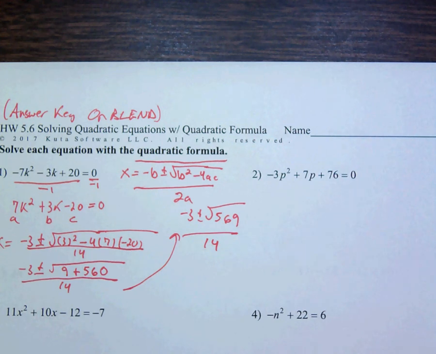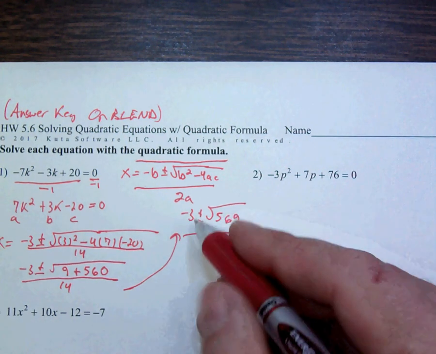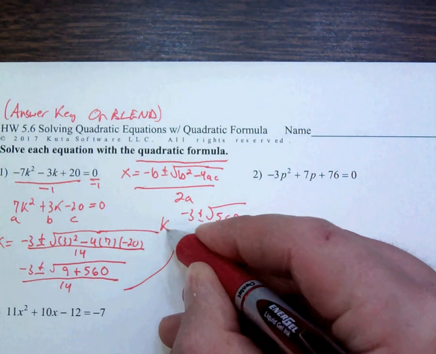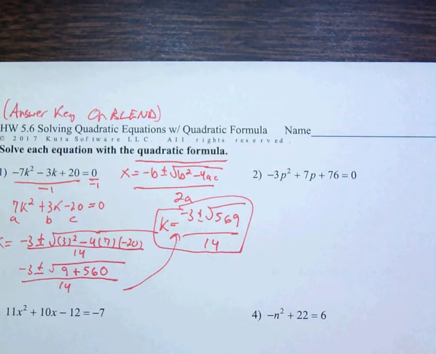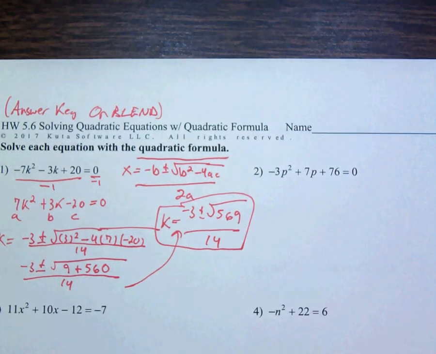And since I can't simplify the square root, this might just be my final answer. I'm going to do a little bit more checking and make sure that it can't be simplified any, but I'm becoming more and more convinced that it's not simplifiable. And so my answer is that k equals -3 plus or minus the square root of 569 all over 14.